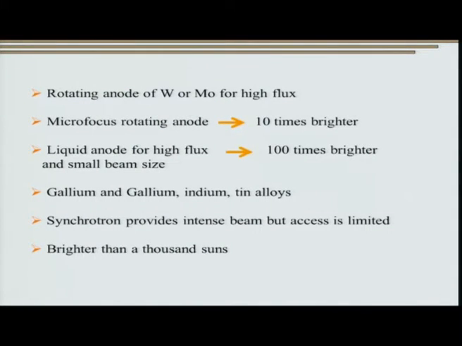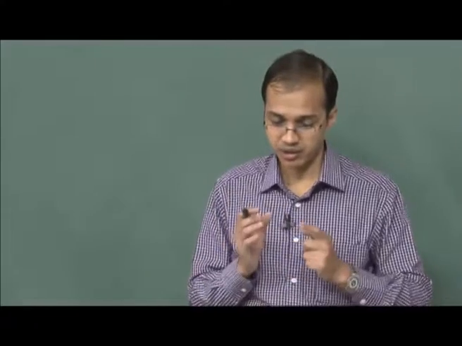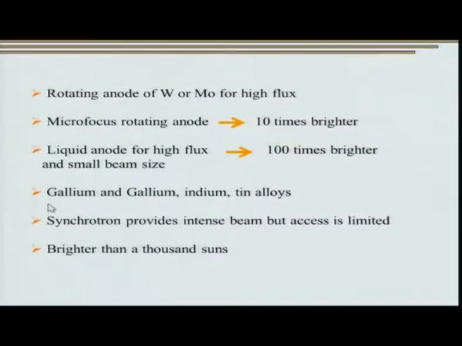Another important advantage is the beam size that we can obtain with a liquid anode X-ray tube, which ensures that we get a very high intensity and small focused X-ray beam. Metals like gallium and gallium, indium and tin alloys are used for liquid anode X-ray tubes.